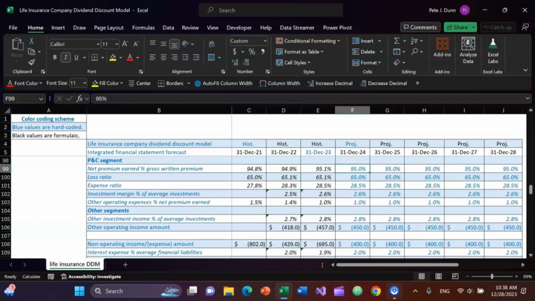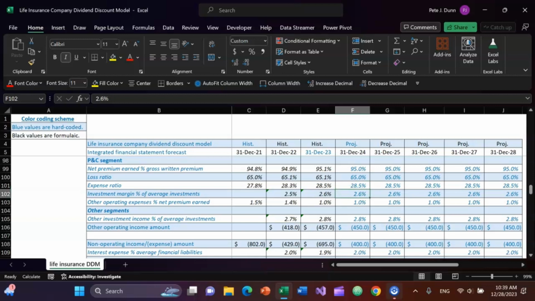Net premium earned as a percentage of the gross written premiums at 95%. I assume a loss ratio on claims of 65%. High expense ratio as well at 28.5%.